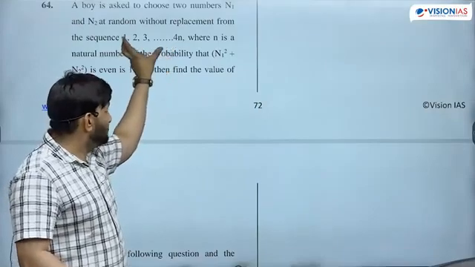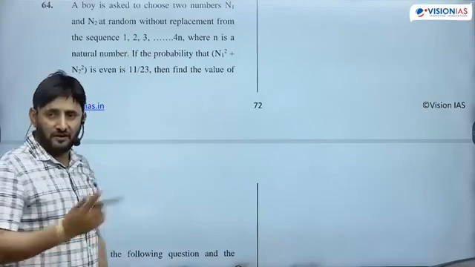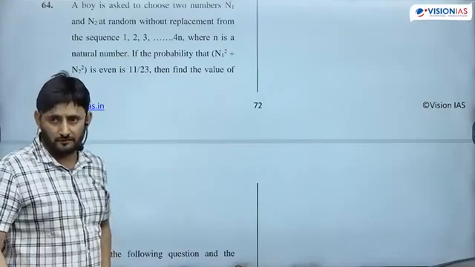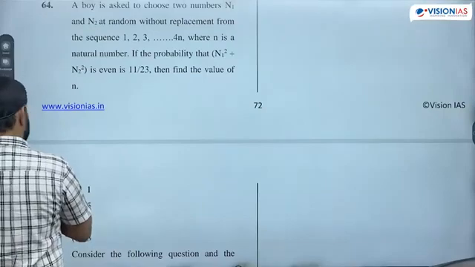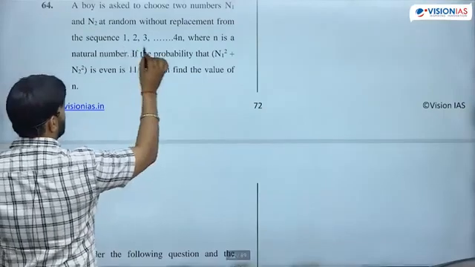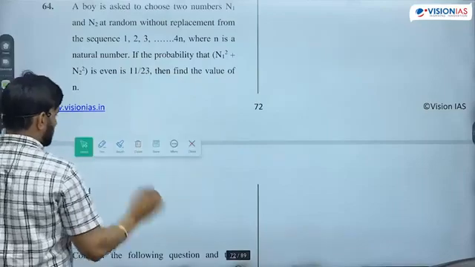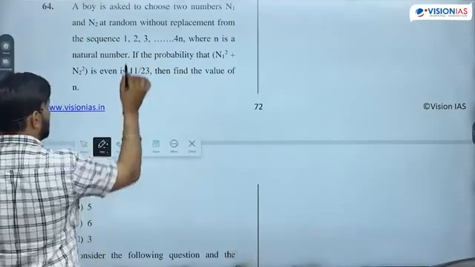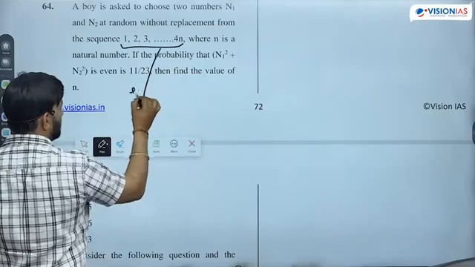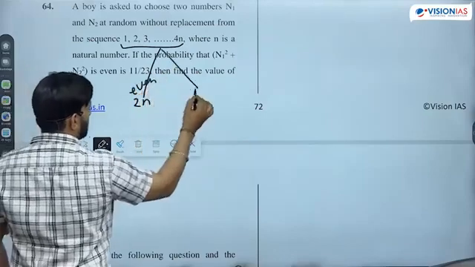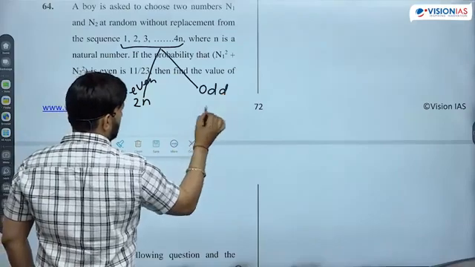So out of these 4n numbers 2n will be odd and 2n will be even. Out of these 4n numbers there will be 2n even and 2n will be odd.